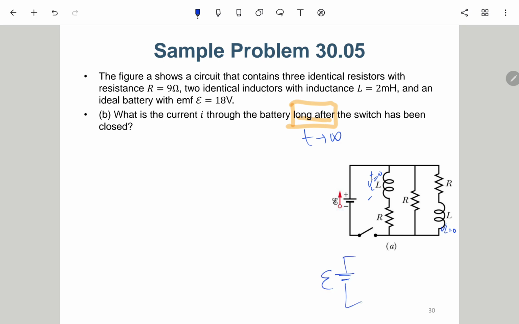We have a battery here. For the middle path, you still have an R. Nothing special. For the left part, this is an R, this is an R, nothing changed. But for this L, because it doesn't have any voltage drop or voltage difference, you can consider it like this.